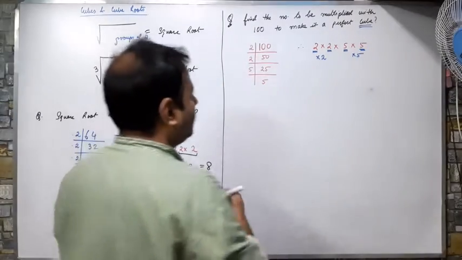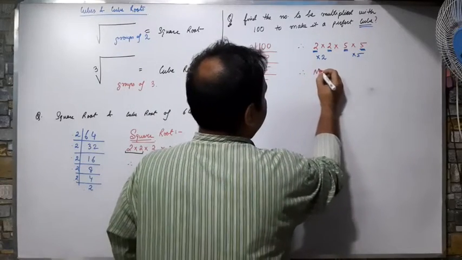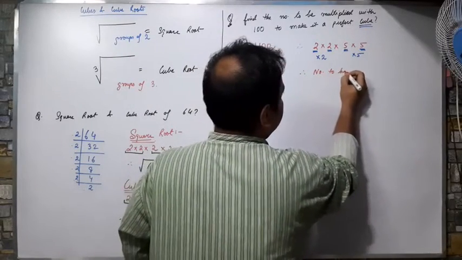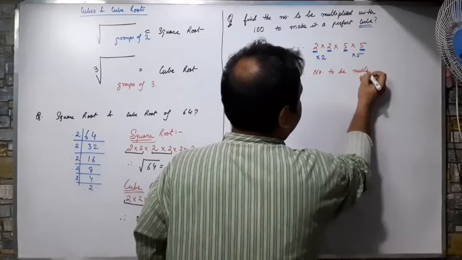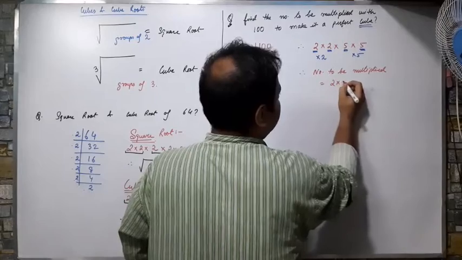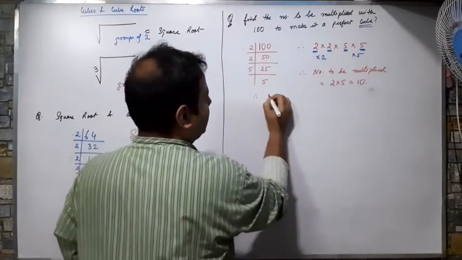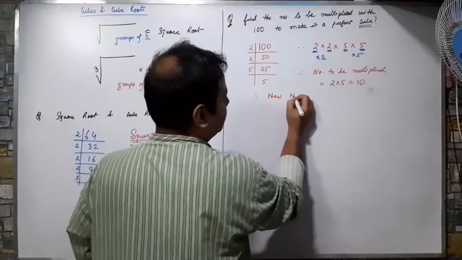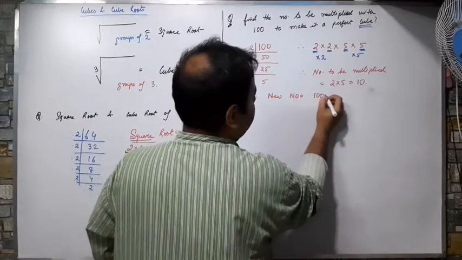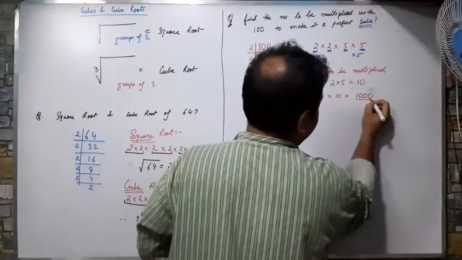So therefore the number to be multiplied is 2 into 5, that is 10. So the new number is 100 into 10, that is equal to 1000.